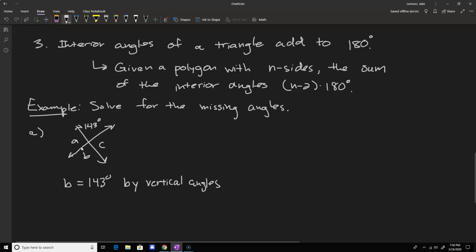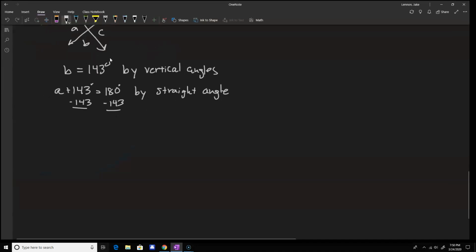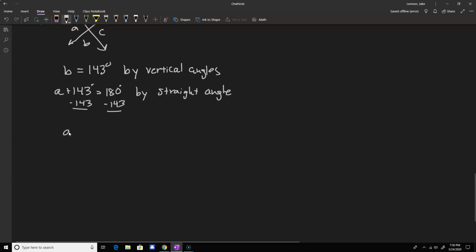And then we know A plus 143 is a straight angle, so A plus 143 has to equal 180 by the straight angle measurement. So then we can subtract 143 on both sides. So A would turn out to be 37 degrees.